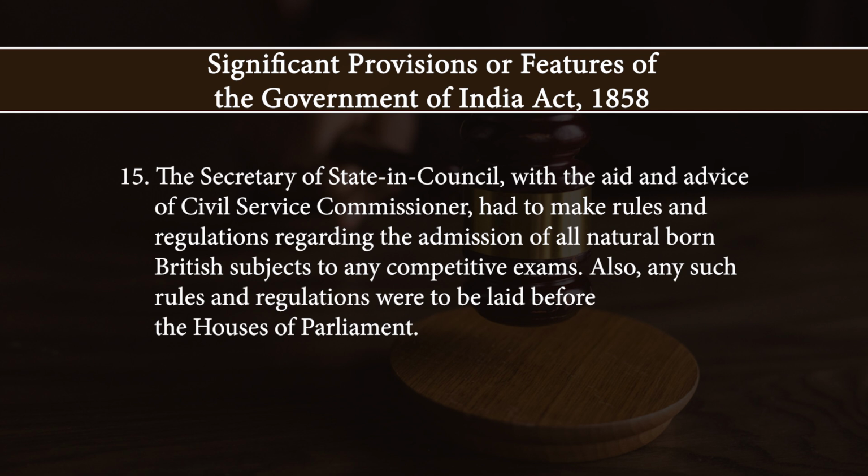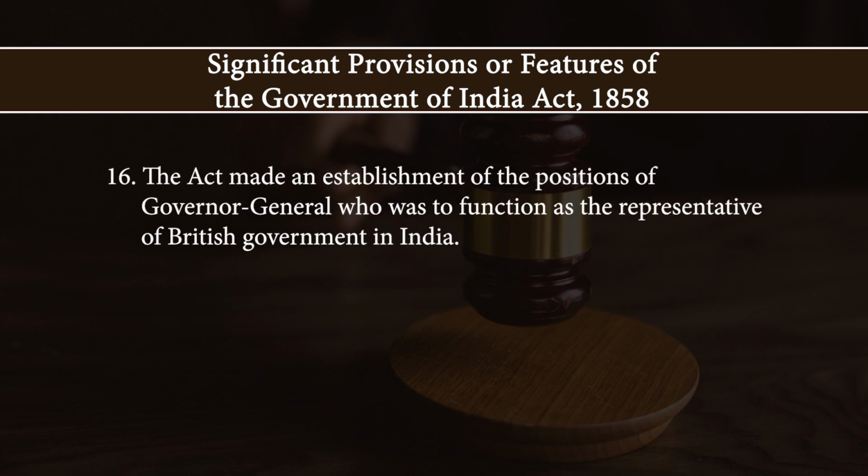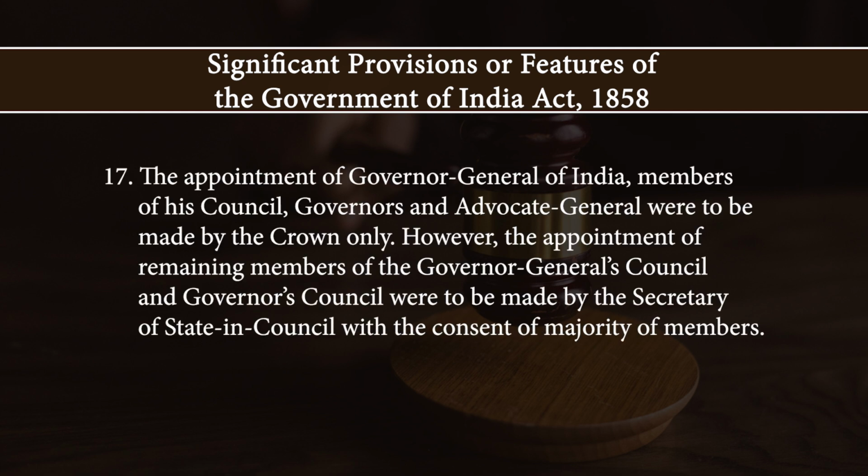Also, any such rules and regulations were to be laid before the House of Parliament. Another point, the Act also made an establishment of the position of Governor General, who was to function as the representative of the British Government of India. The appointment of the Governor General of India, the members of his council, governors and Advocate General were to be made by the Crown only.